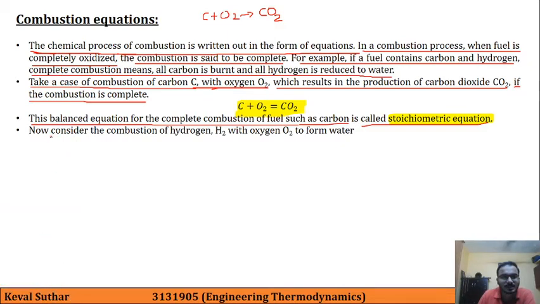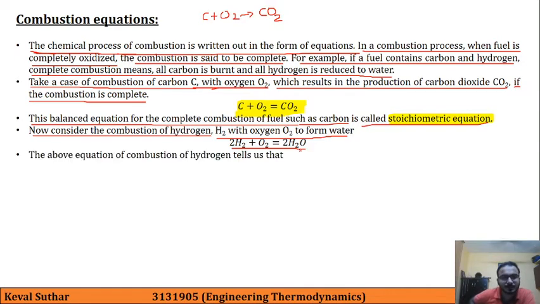Now let us consider another example, that is conversion of hydrogen, H2, with oxygen to form water. That is 2H2 plus O2 is equal to 2H2O. We are all well aware of this equation, that is, 2 molecules of hydrogen combine with 1 molecule of oxygen to provide us 2 molecules of water.